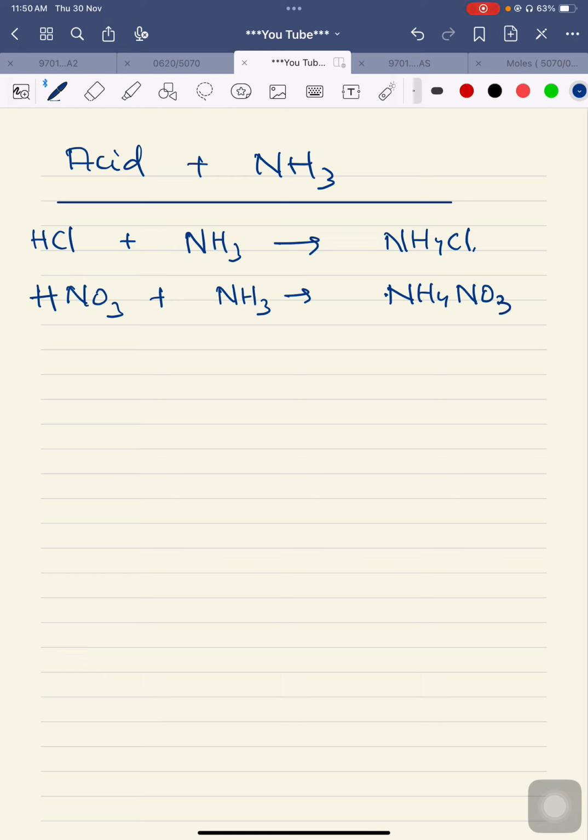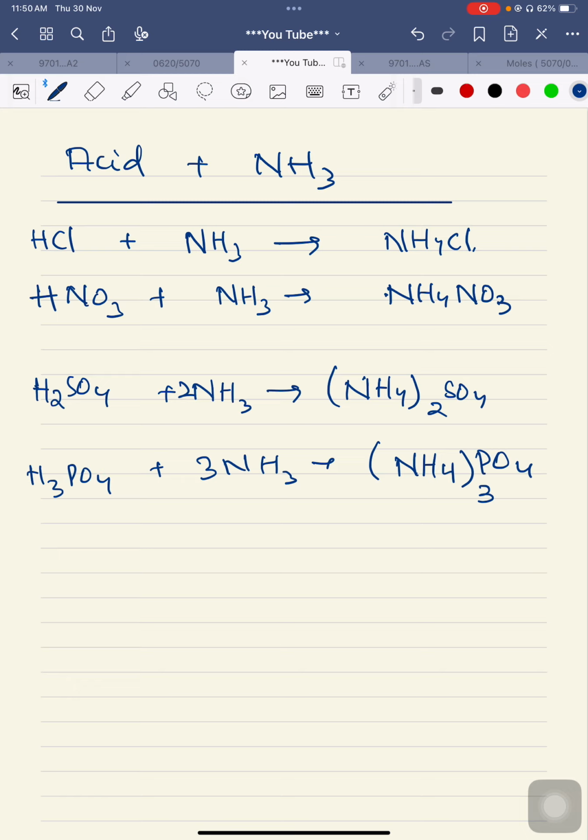So guys, here it will be ammonium sulfate, (NH4)2SO4, and there it will be (NH4)3PO4. Okay, so the NH4Cl is called ammonium chloride, then NH4NO3 is ammonium nitrate, then ammonium sulfate, and the last is ammonium phosphate.